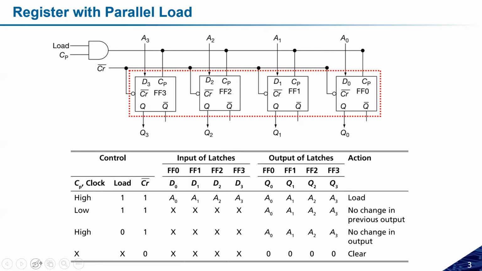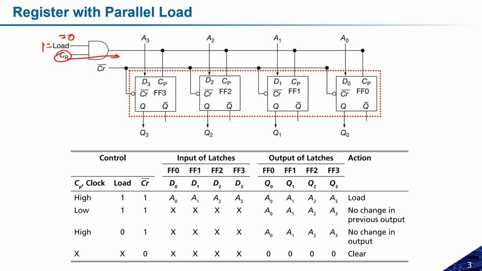And if you try to see the working of this one, like the truth table, let us try to see how it will work. Let us assume the clock pulse will transfer only if this load is equal to 1.